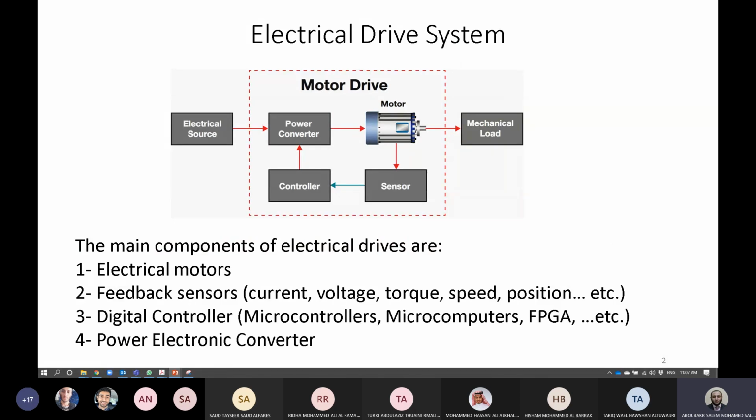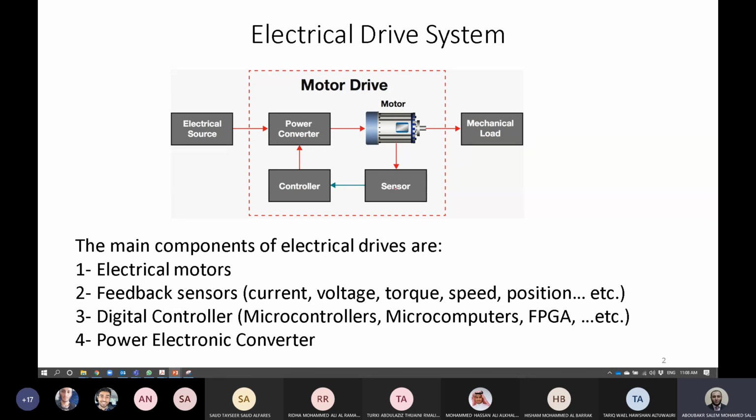First, guys, this is a well-known block diagram for an electrical drive system. As you know, for any electrical drive, the target all the time is to control the load speed or torque, and in order to do that you have to sense some signals from the electrical motor like voltage, current, speed, torque, flux.